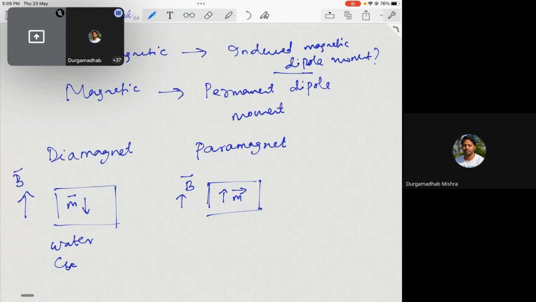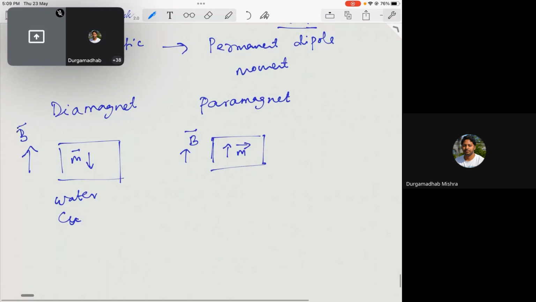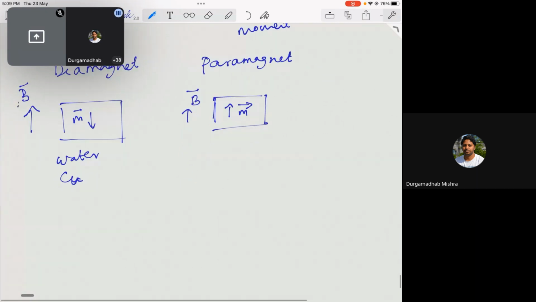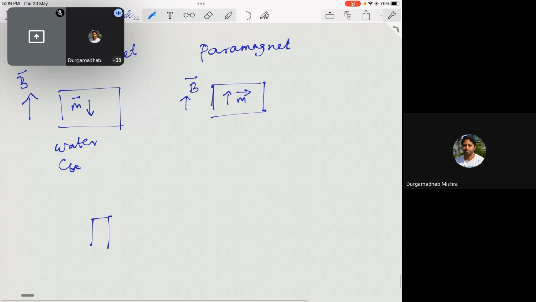One thing which is also interesting is when you look at the magnetic field due to a bar magnet, with N and S poles. This is the magnetic field due to a bar magnet.